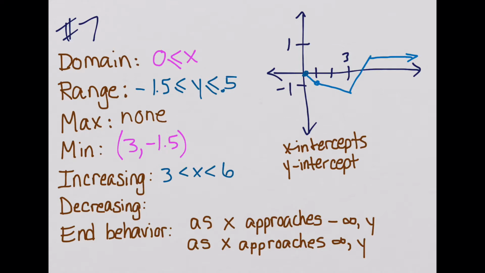Now remember, it's not ever going to be increasing at exactly that point. So you don't ever want to put the equal to bars on the increasing or decreasing compound inequalities because it can't be increasing at exactly the point where it turns the corner. It's going to just be neutral or flat right there where it turns the corner.